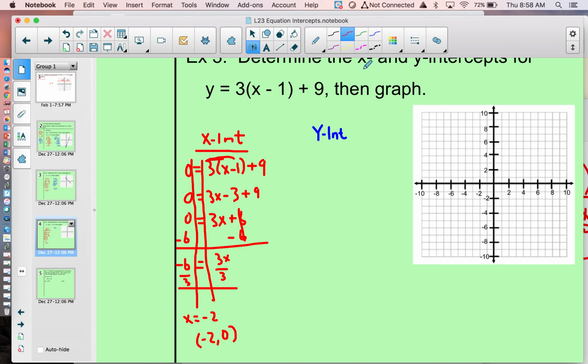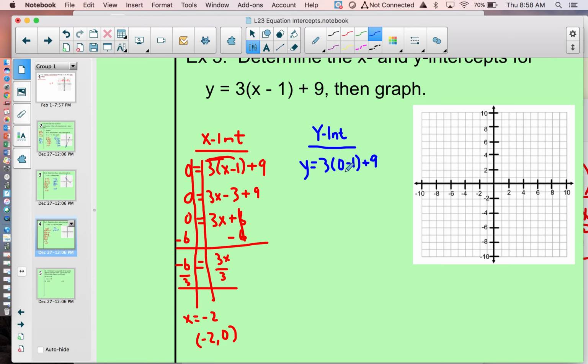Now, with our y-intercept, with our y value, all we got to do is solve for y, right? It's on our y-axis. So if it's on our y-axis and we're trying to solve for y, we substitute a 0 in for x. Now this is nothing more than an order of operations. So let's go through and do that order of operations, taking our time.